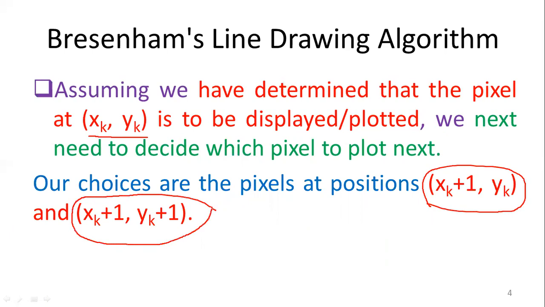So there are two possible options for the next pixel to be plotted. Now which one to select? You have two options. Either you can plot this one, or you can plot this one. So which pixel to plot? That depends on which among these two pixels is closer to the line path.